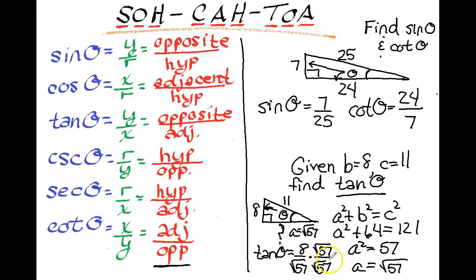Let me erase this really quick. My final answer is going to be 8 radical 57 over 57. And that's how you use Soh-Cah-Toa for not just sine, cosine, and tangent, but cosecant, secant, and cotangent.